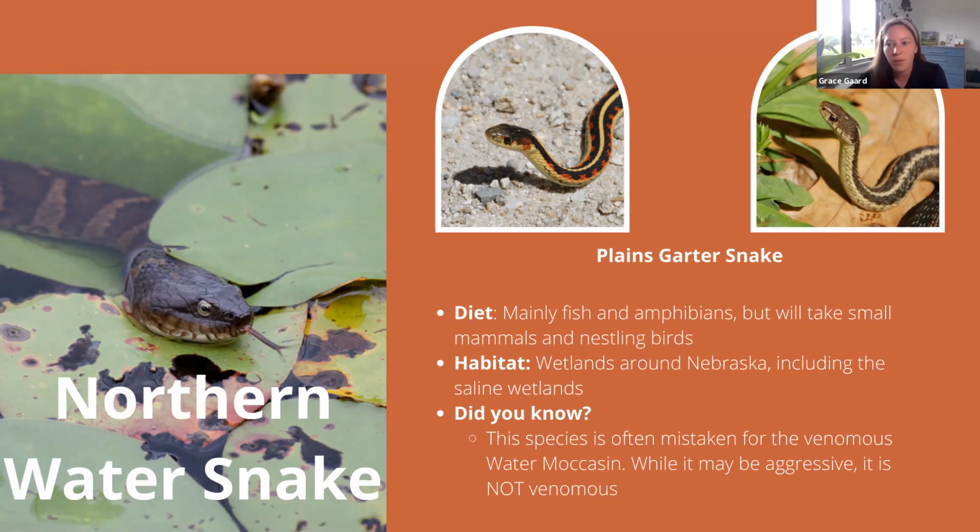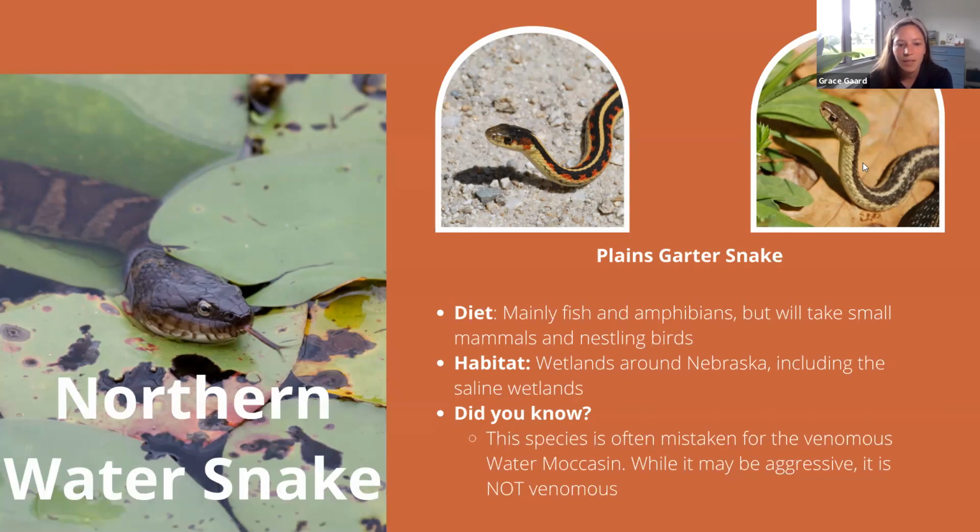So we probably really won't see water moccasins in Nebraska. We will maybe get the Massasauga, which I think might also look similar. But this northern water snake is not venomous. It might be aggressive if you're around it, but it is not a water moccasin. So that's an important thing to keep in mind.